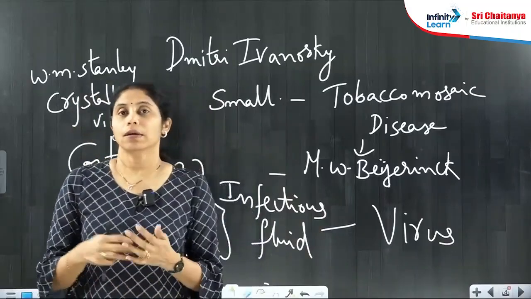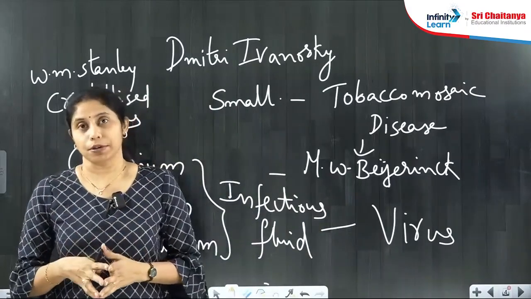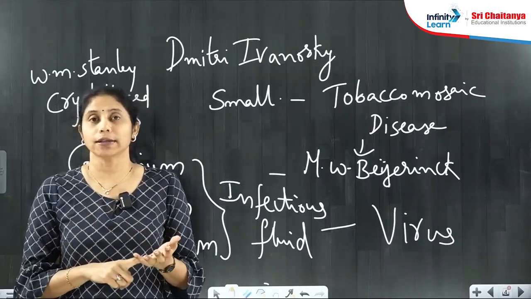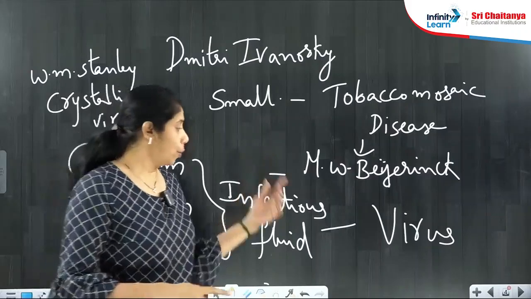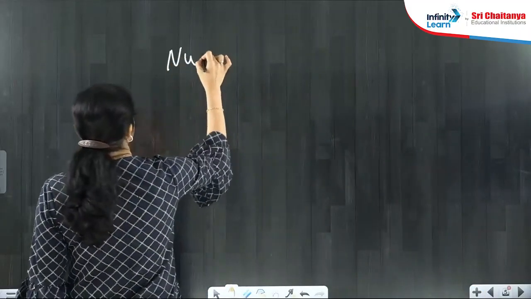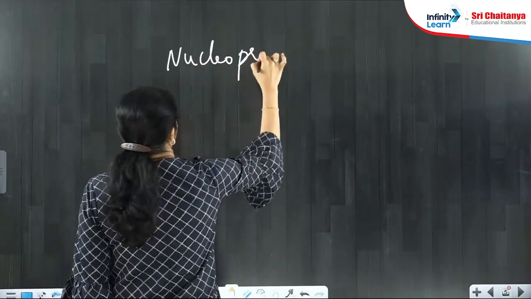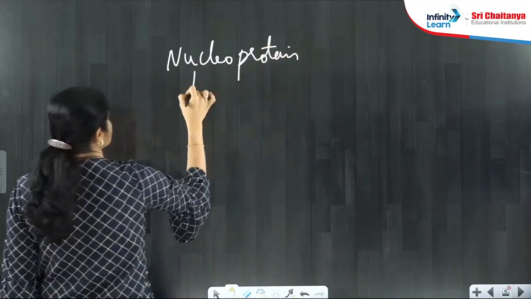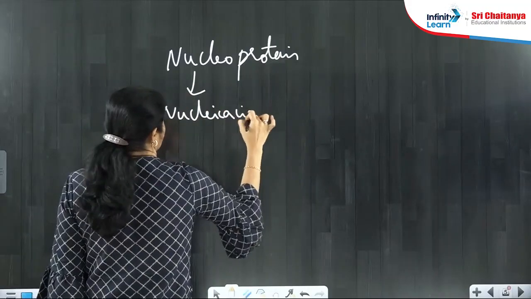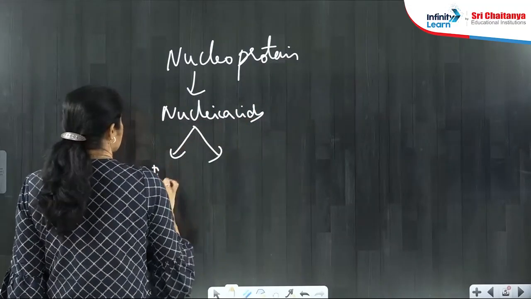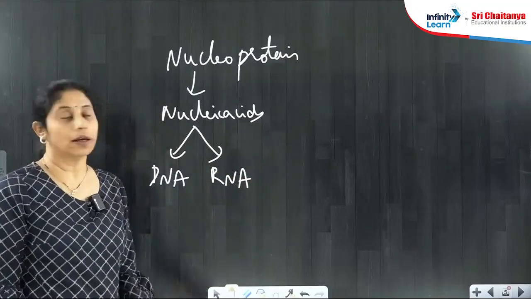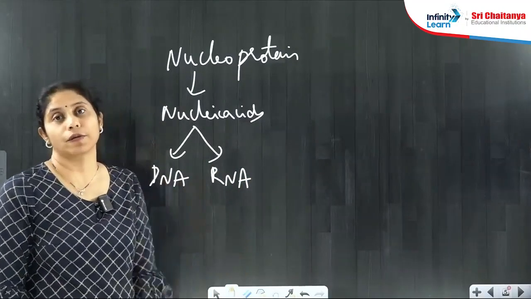Now let us see the virus structure and examples. Before that, I would like to tell you they are made up of two things, nucleic acid and proteins. Nucleoproteins, I have already given you. Nucleic acids are either DNA or RNA, and either can be in the structure of the virus.